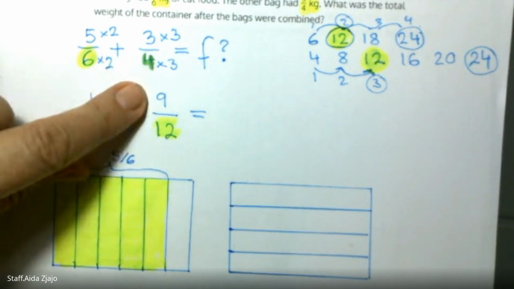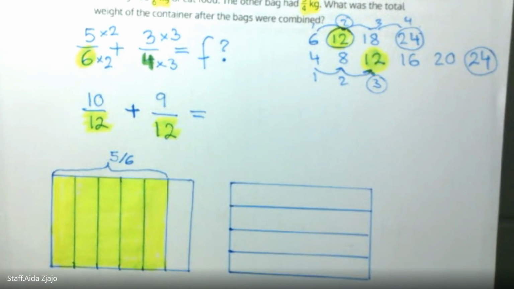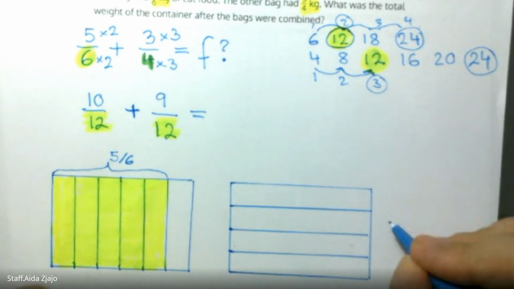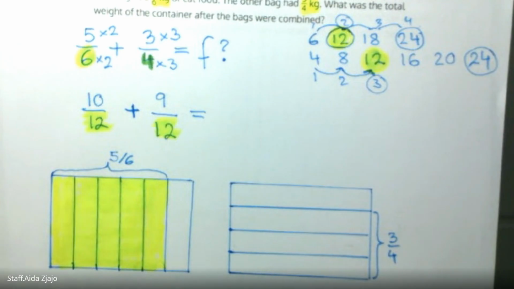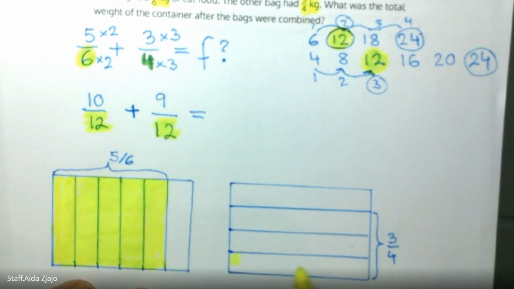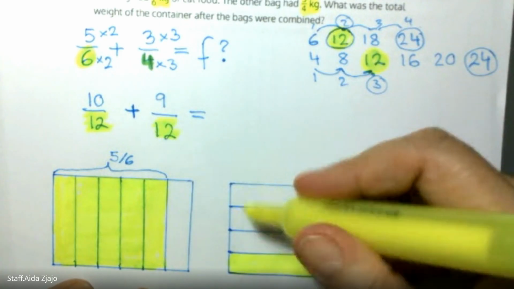Now, I do not have a whole bag. I have 3/4. So I'm going to show you how much is 3/4: 3 out of 4 pieces of the bag. And now I'm going to do this.